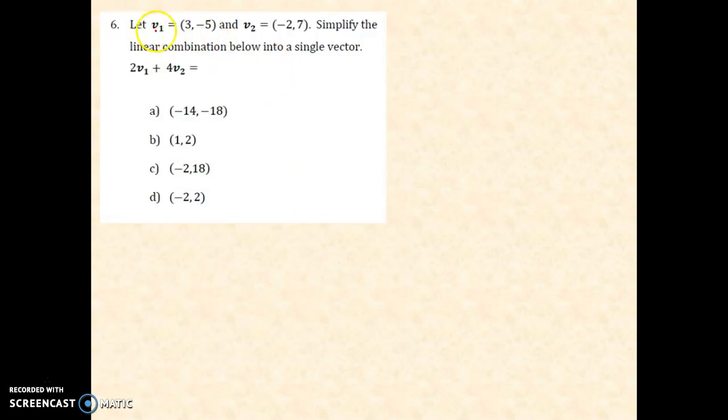Alright, so let's let V1 be 3, -5, and vector 2 is -2, -7. Simplify the linear combination below into a single vector. So, a constant, or a scalar, times a vector. All you do is basically distribute that scalar through to each component of the vector.